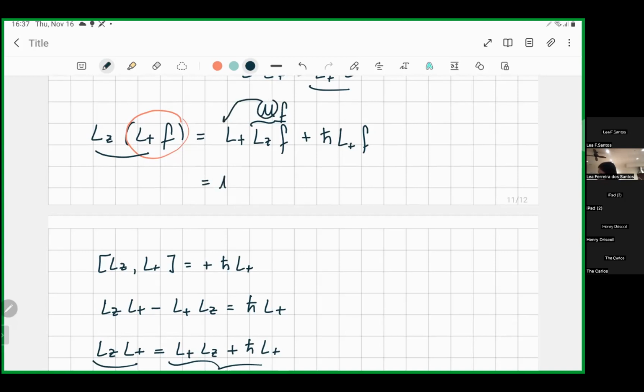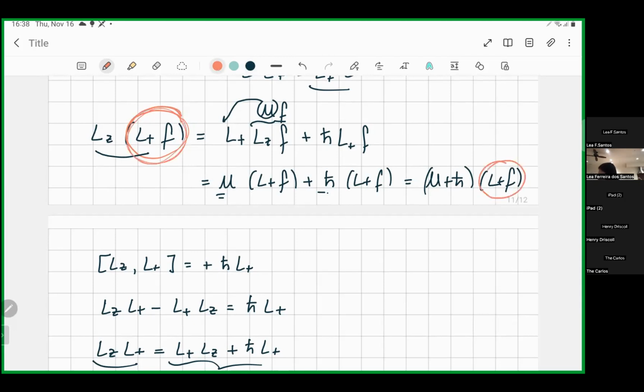So I have me L plus f, and h bar L plus f. I can rewrite this as me plus h bar L plus f. So this whole function is an eigenfunction of LZ. What changes is the eigenvalue.